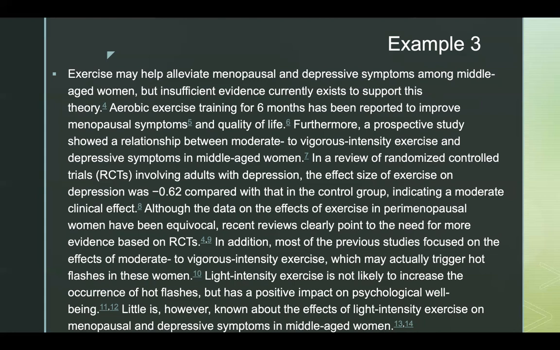We see that exercise has a pretty decent effect size, negative 0.62, which is moderate. Although the data is up and down, equivocal, we need more evidence based on randomized controlled trials. And so they're basically saying, exercise is a thing. Here are some of the things we've learned about it, but we need more randomized controlled trials.